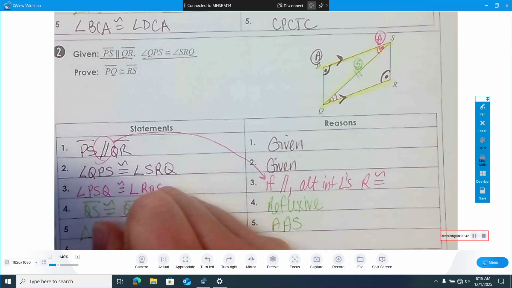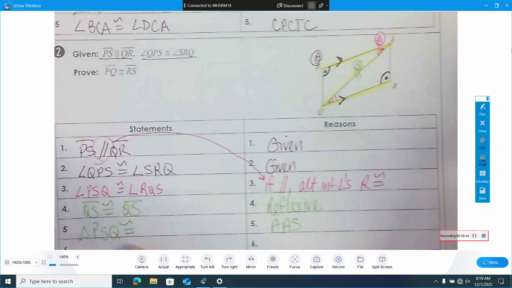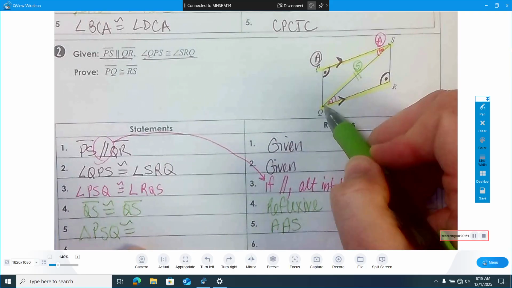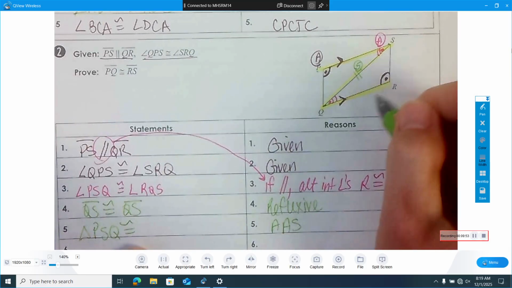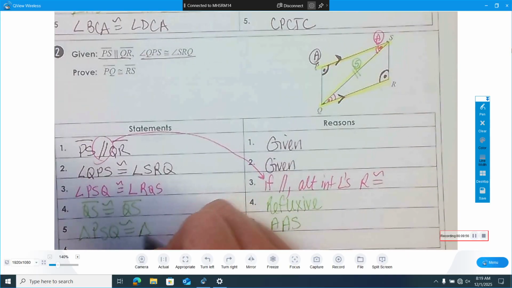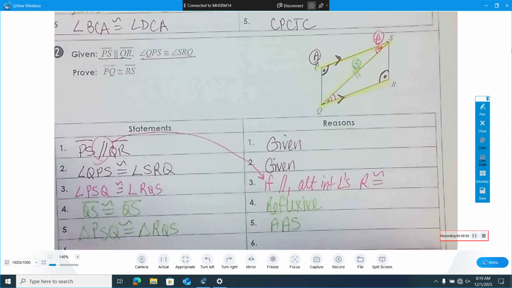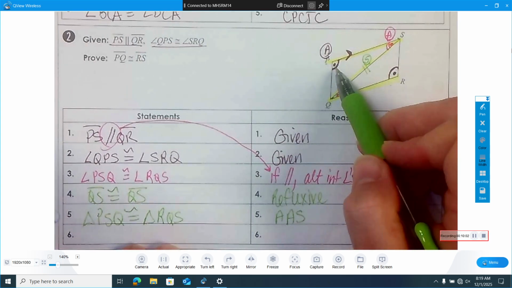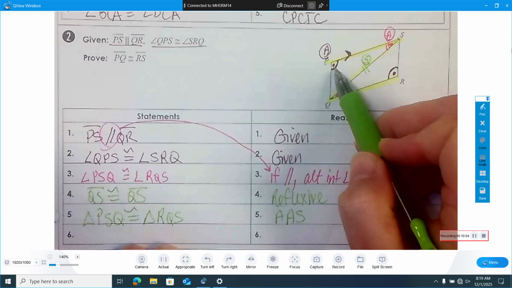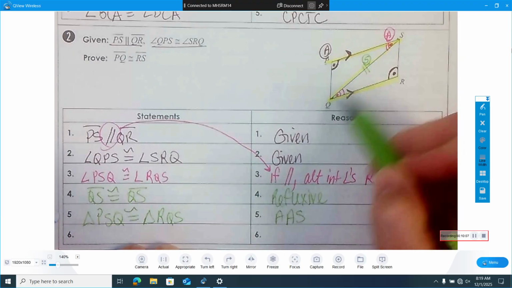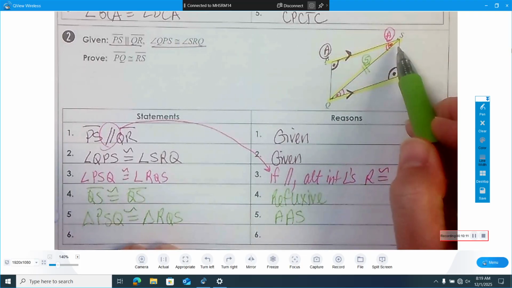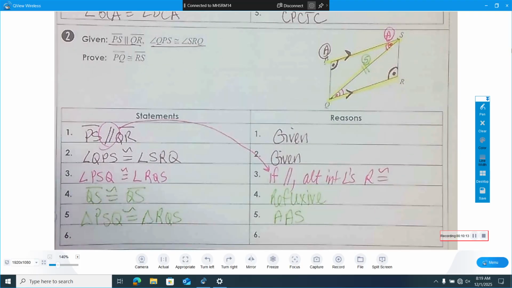Okay, triangle PSQ is congruent to triangle RQS. So again, you have to go in the same order. We went, whatever color, maroon, pink, and then the third angle. So we have to do the same thing, maroon, pink, and then the third angle. So RQS, they have to match.